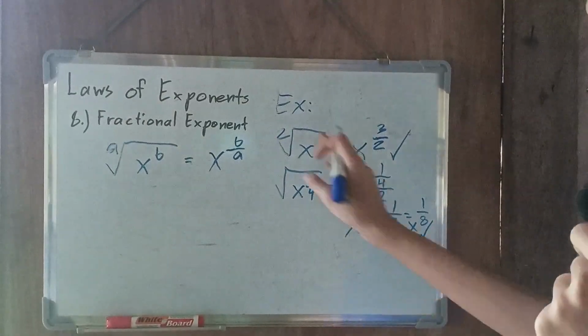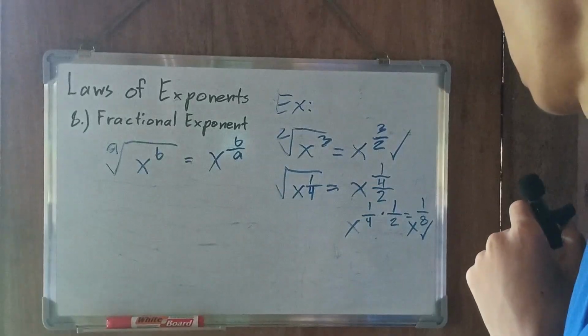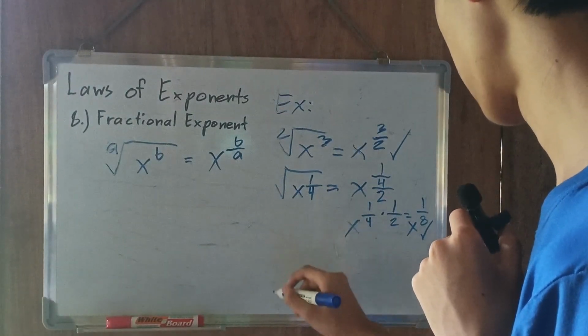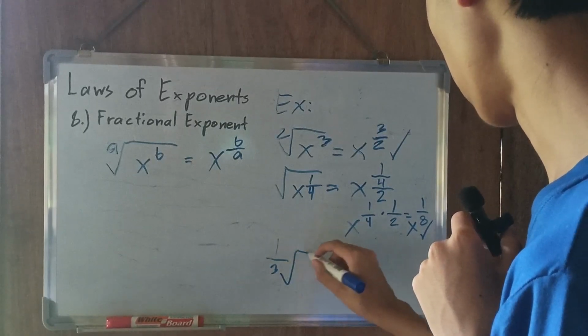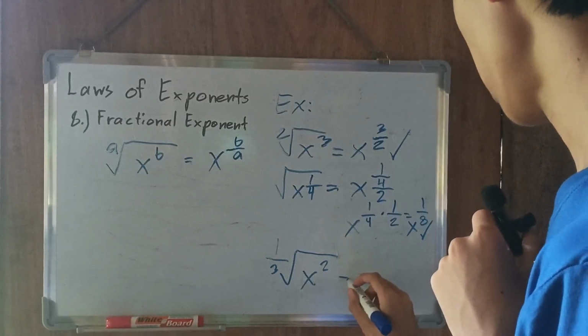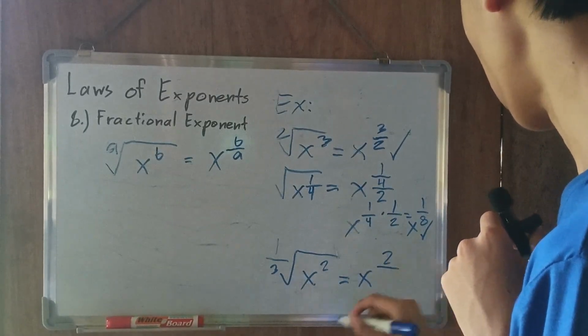Now, what if the index itself is a fraction? So I'm going to put the 1/3 square root of x raised to the second. That means x to the 2 over 1/3.